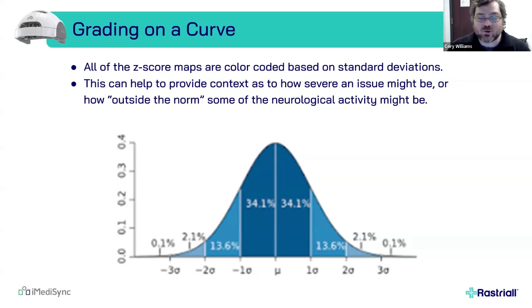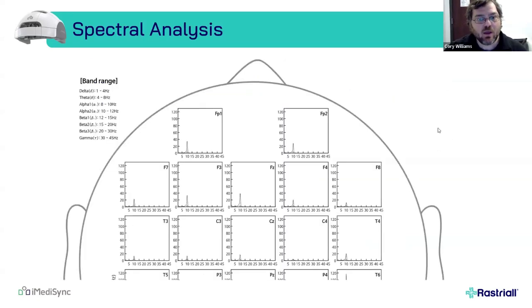So we'll see a client who has two or three standard deviations above or below the norm. Well, that's going to be outside of the norm in just about any database, regardless of the N. And that's what we focus our treatment goals on, that really aberrant activity. We can also look at a spectral analysis.